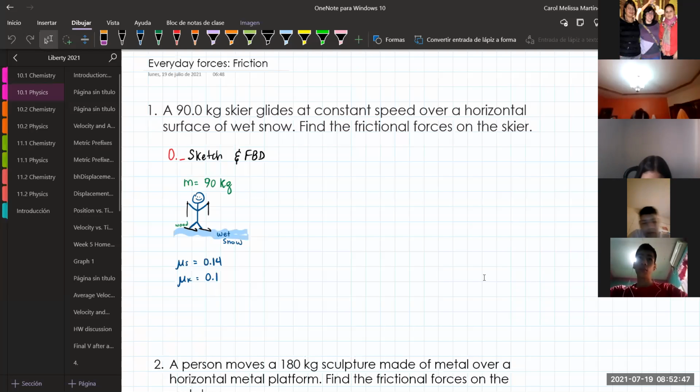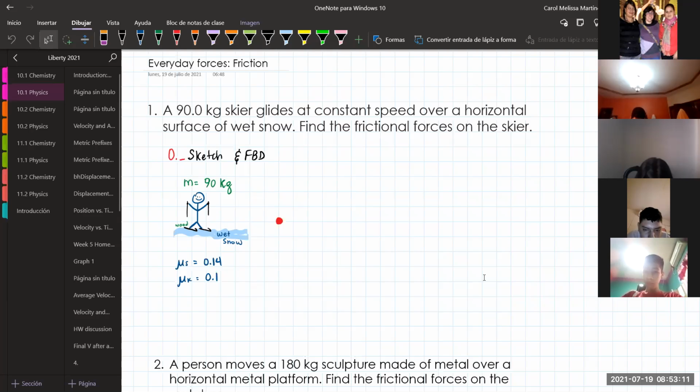So right now I will just include the free body diagram with all the forces. I will replace my skier by a dot, okay? Because the skier glides over a surface of wet snow.